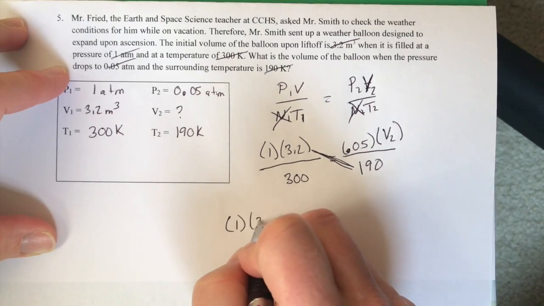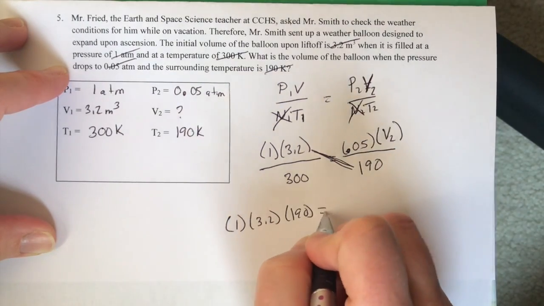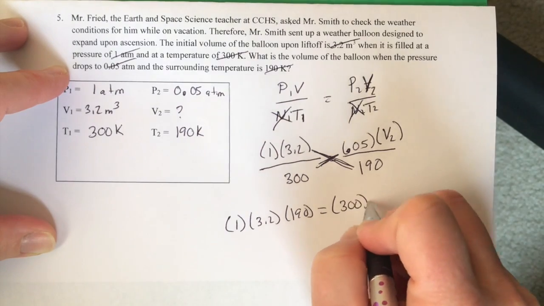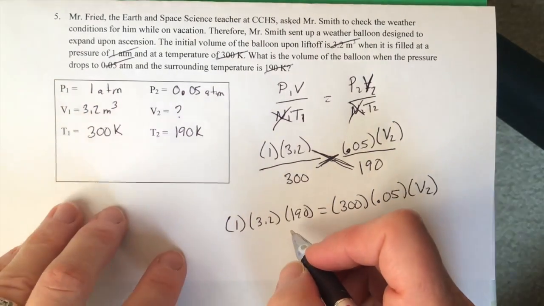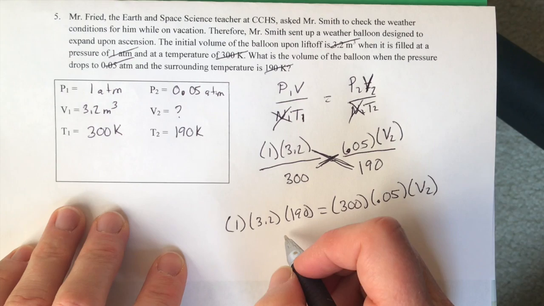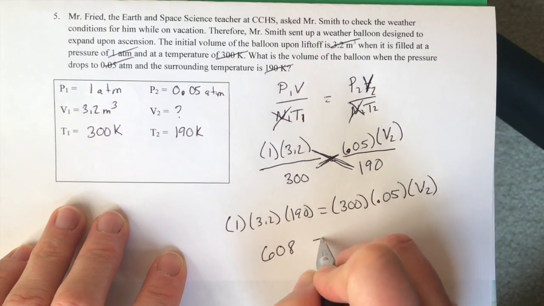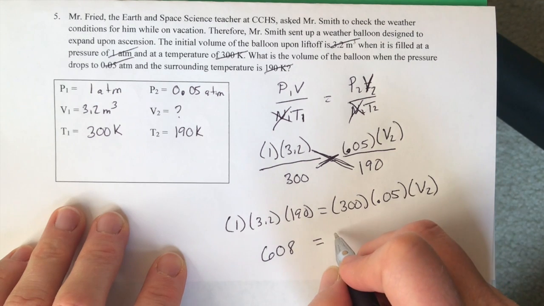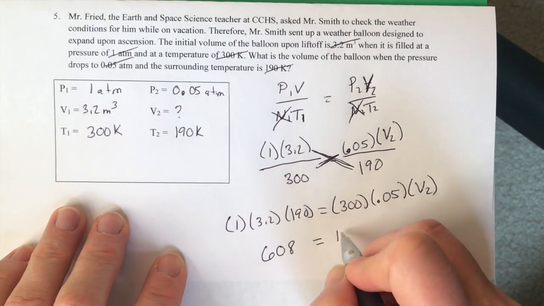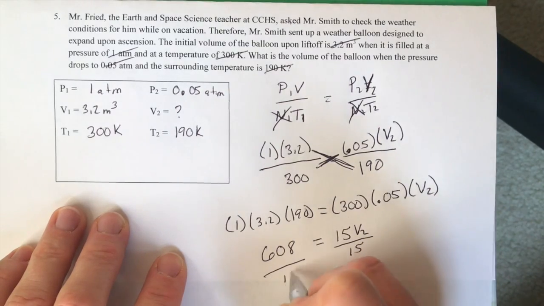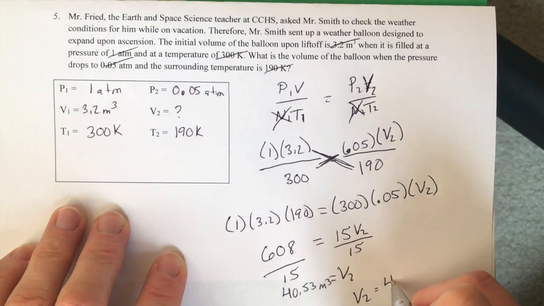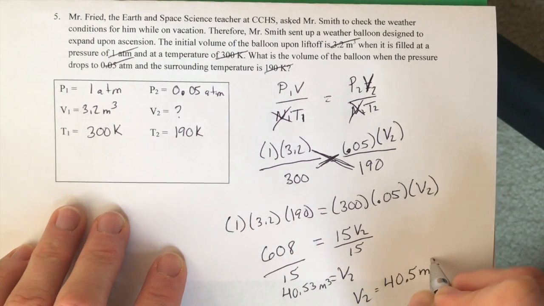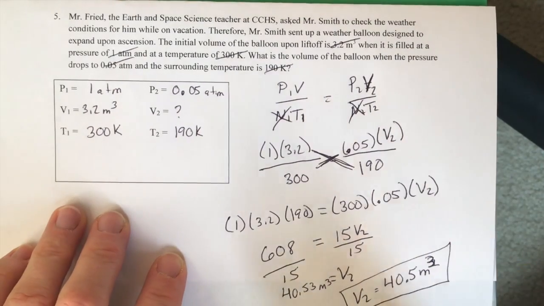So I've got 1 times 3.2 times 190 equals 300 times 0.05 times volume 2. 1 times 3.2 times 190 is 608. 300 times 0.05 is 15 times volume 2. Divided by 15, volume 2 is 40.53 meters cubed, and online I just rounded it to 1 decimal point, so it says 40.5 meters cubed. There you go.